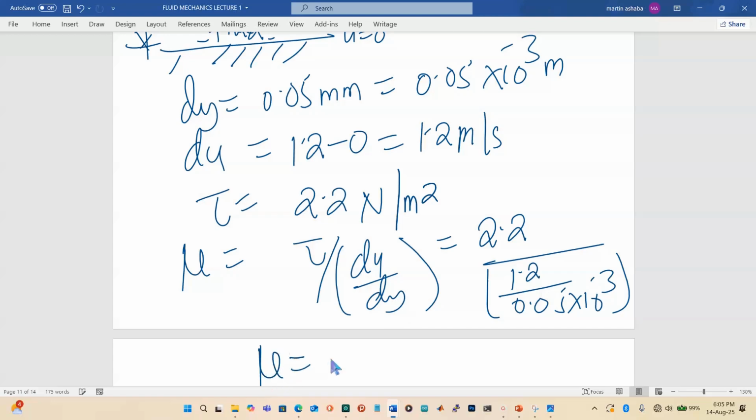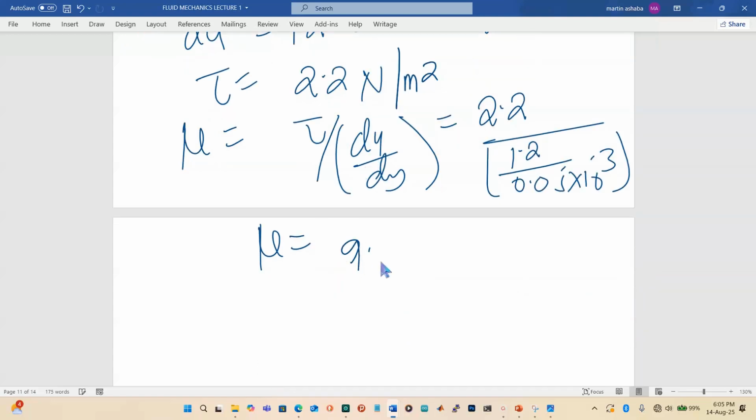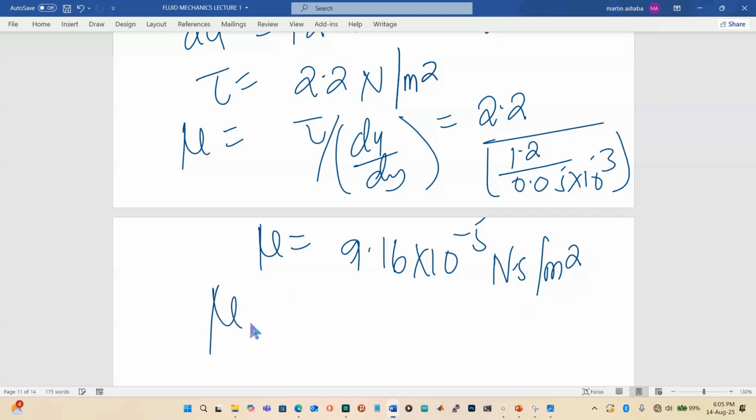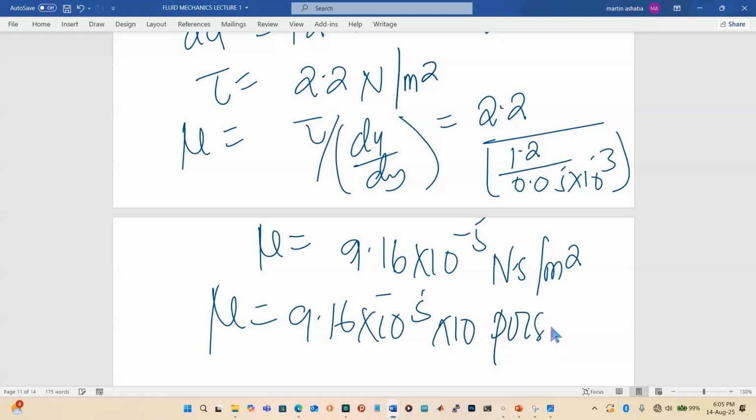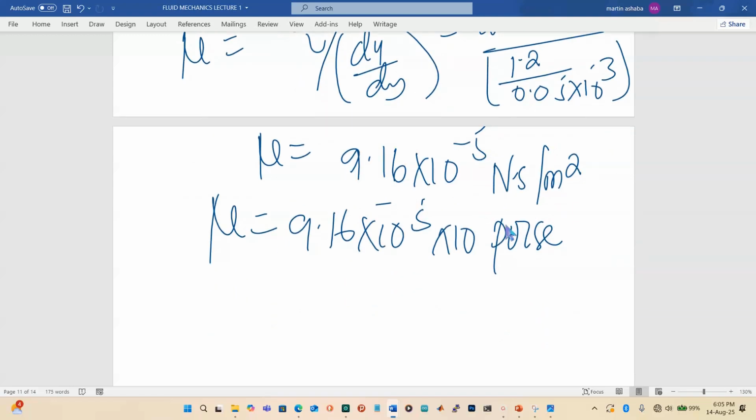So nu becomes 9.16 times 10 power negative 5 Newton second per square meter. And in Poise, this becomes 9.16 times 10 power negative 5 times 10 Poise. Our viscosity becomes 9.16 times 10 power negative 4 Poise.